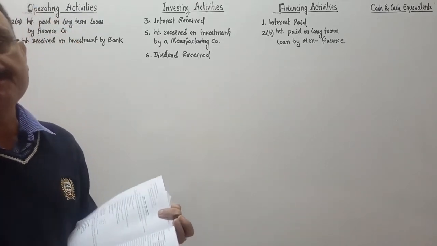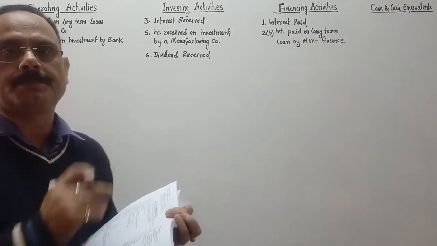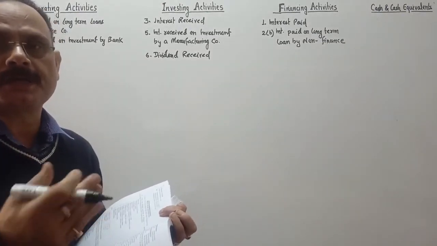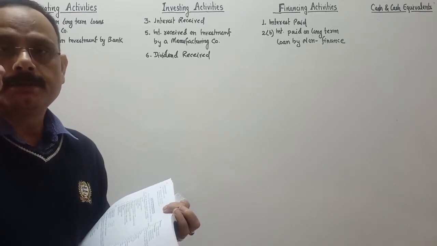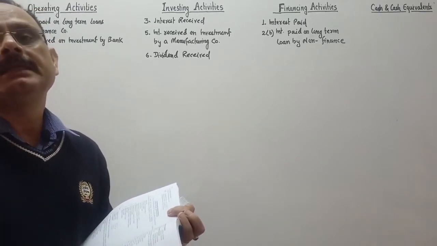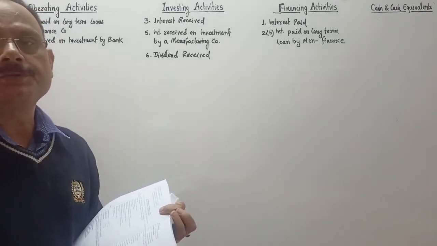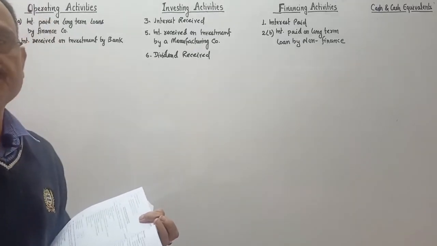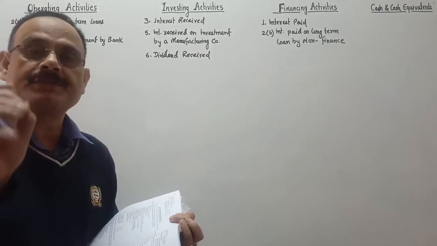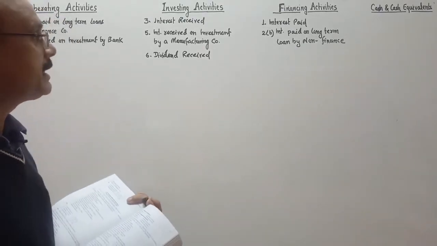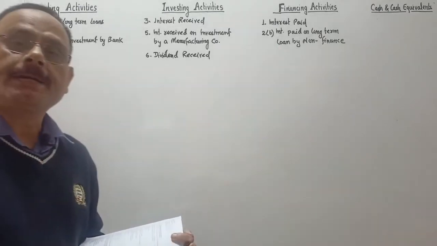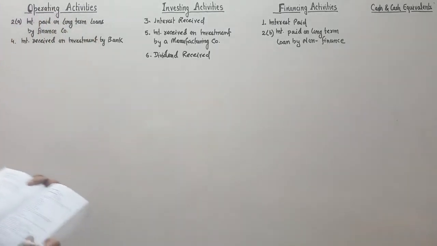If the same dividend is received by a mutual fund company, then it's an operating activity, because for mutual fund companies, investment is their main revenue generating activity. Purchase and sale of investment is the main revenue generating activity, and any interest or dividend received related to that comes under the operating activities.